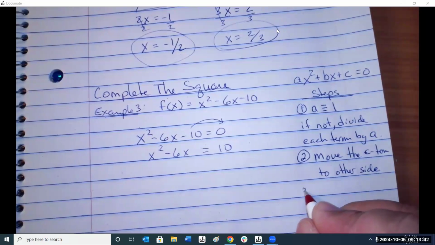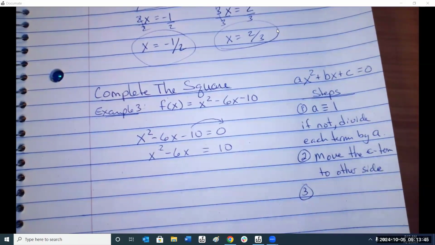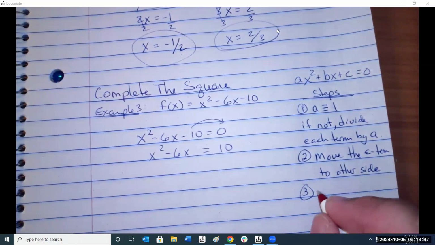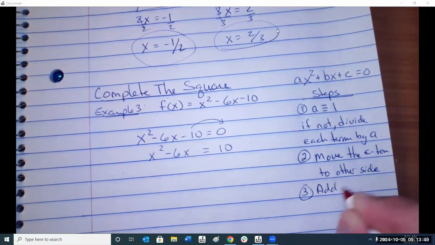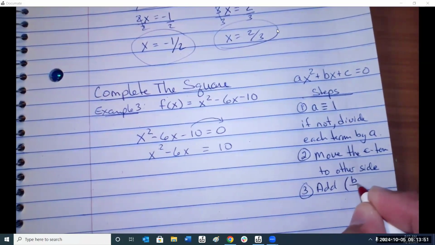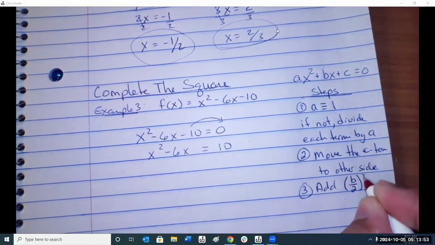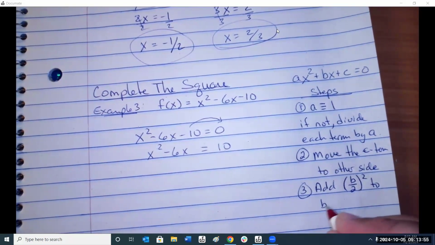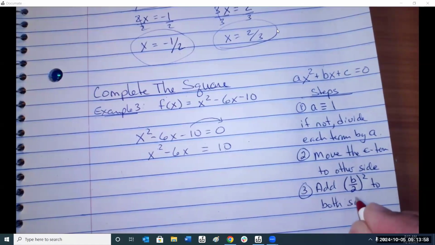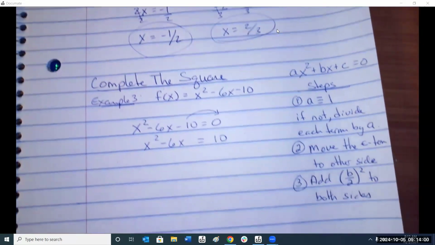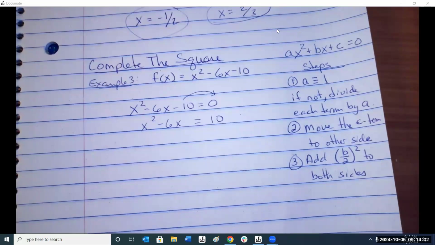Now here's where we start the process of complete the square. Add b over 2 squared to both sides.